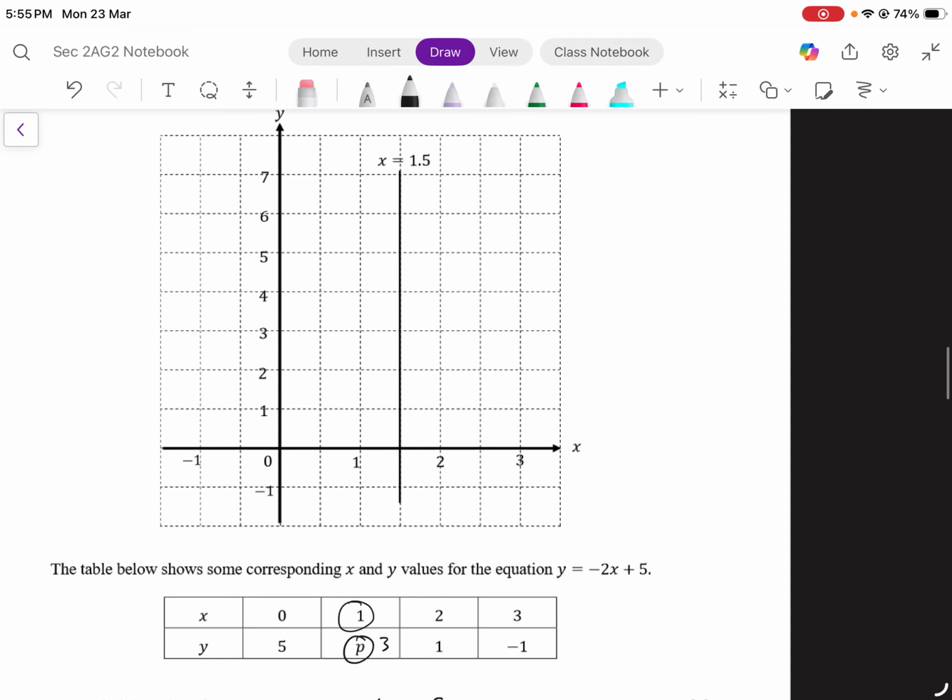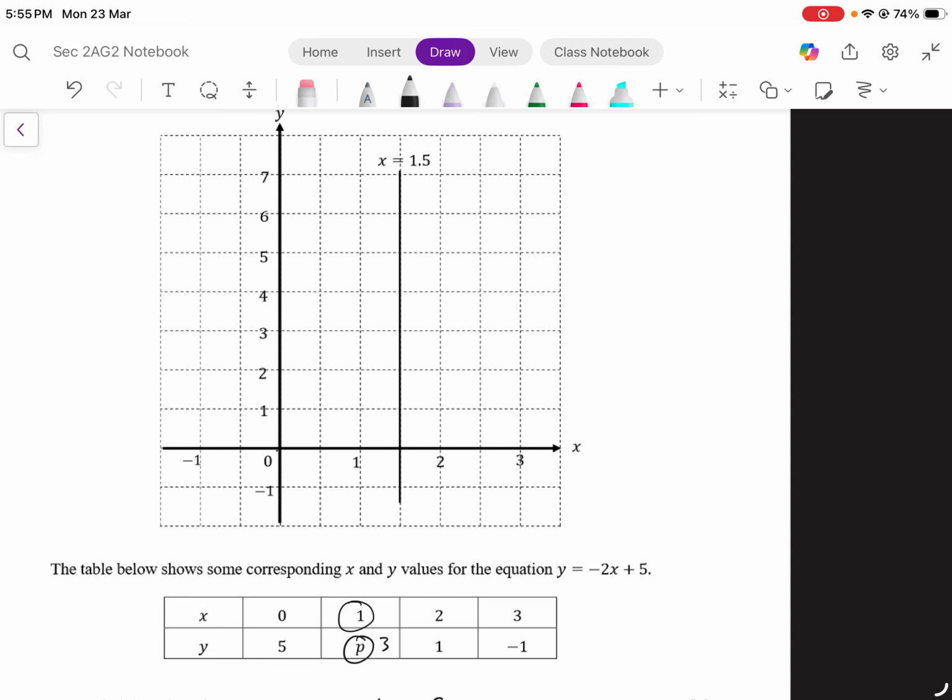The first one we have is x is 0, y is 5. So when x equals 0, I move up, y is 5. Here is my first point. Then when x is 1, y is 3.